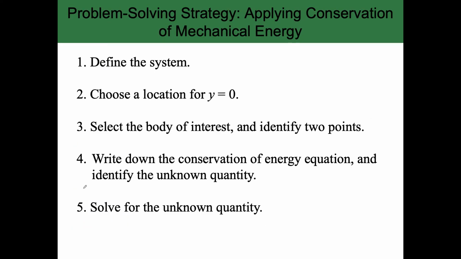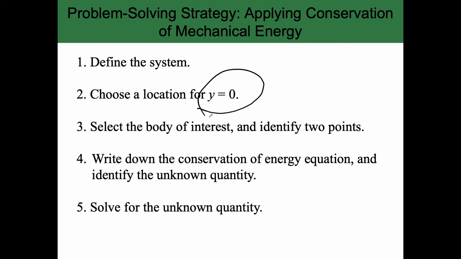So this is how we solve a conservation of mechanical energy problem. First of all, we need to define the system. We need to choose a location to be y equals 0. And as we discussed, it doesn't really matter where you choose it. What really matters is the change. So you can choose anywhere you like. Apparently, we want to choose it so our calculation is easier.